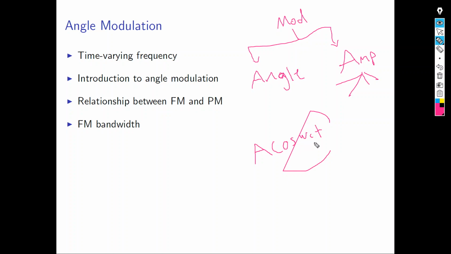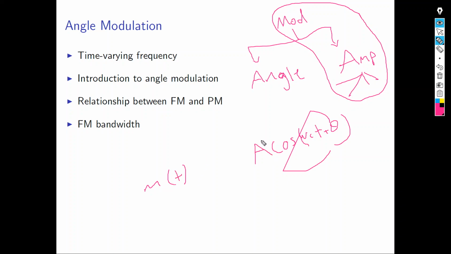A cosine omega_c t, plus theta in general, if you wanted to make it general. So what we were doing up until now in the course was playing with the amplitude of the carrier, A, according to the message signal m(t), based on the message signal characteristic.